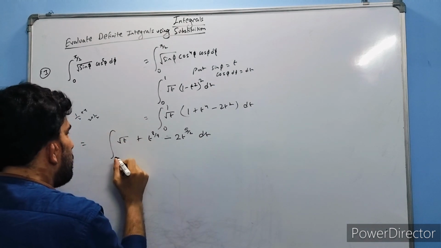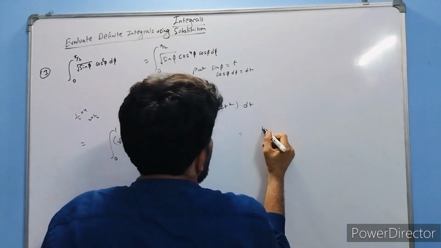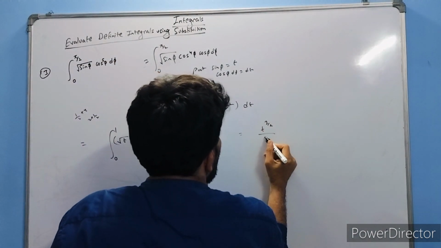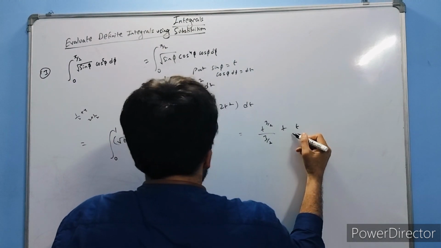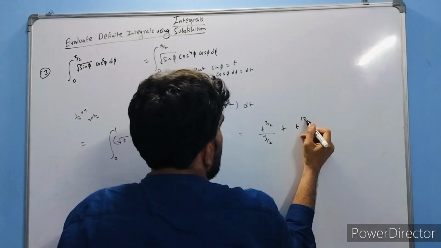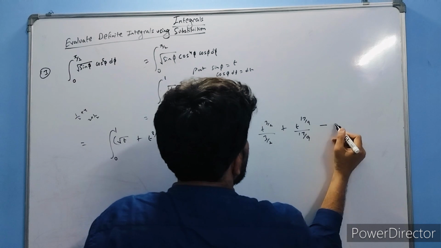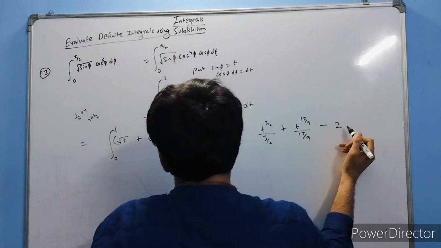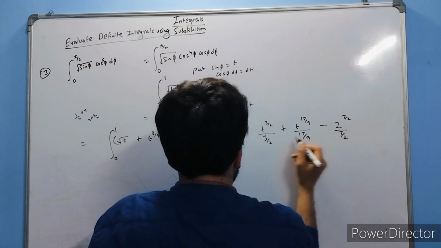Now I can easily integrate them. Half, you will get t 3 by 2 plus t plus 1, 17 upon 9, minus 2 t we have, plus 1, 2 7 upon 2 upon 7 upon 2.